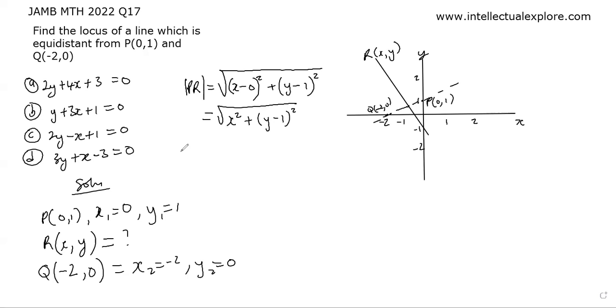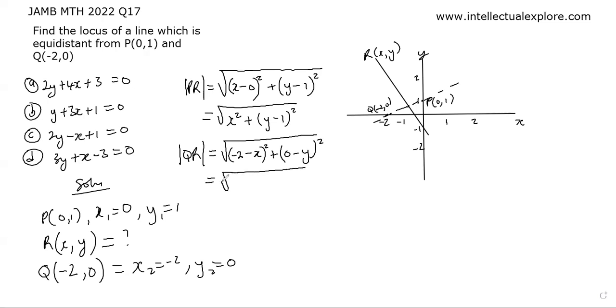So if we also calculate the length of line QR, that will be the square root of, since this is the second point, (-2 minus x) all squared plus (0 minus y) all squared.